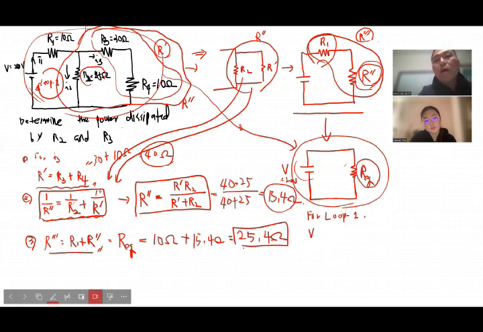A resistor always behaves in the opposite direction of the battery, the electromagnetic source. If the battery provides positive bias, then the resistor creates a negative bias. It doesn't matter whether the battery is aligned plus to minus or minus to plus. The resistor always behaves in the opposite direction.